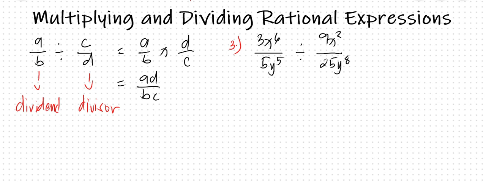Just simply copy the dividend, which is 3x raised to 6 all over 5y raised to 5. And then, proceed to multiplication, and then get the reciprocal of the divisor, 9x squared all over 25y raised to 8.